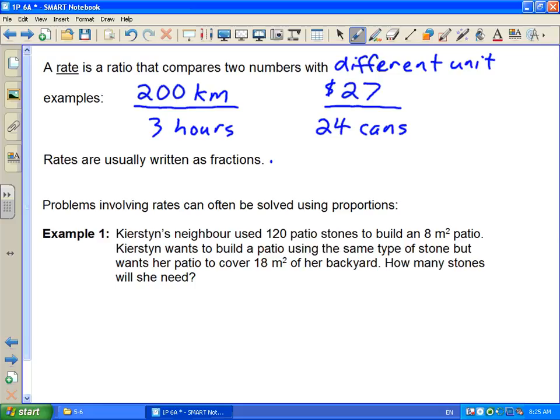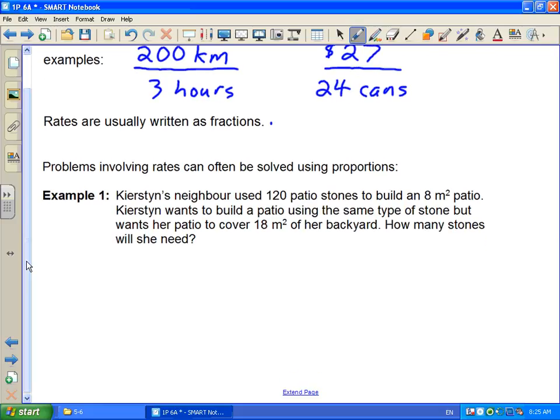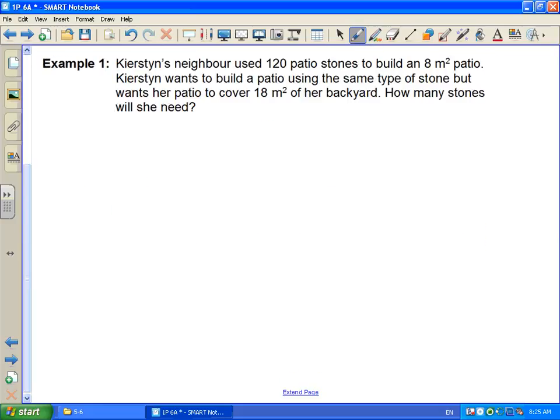So let's take a look at an example here. Kirsten's neighbor used 120 patio stones to build an 8-meter square patio. Kirsten wants to build a patio using the same type of stone, but wants her patio to cover 18 meters squared of her backyard. How many stones will she need? We first have to set up our proportion by identifying in words what two things are being compared.